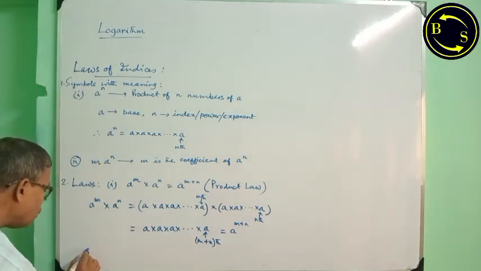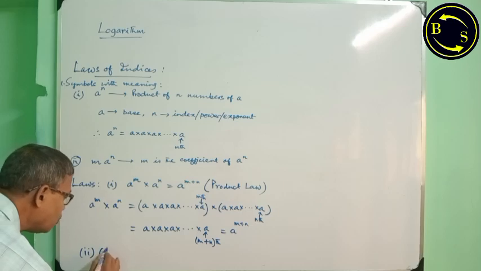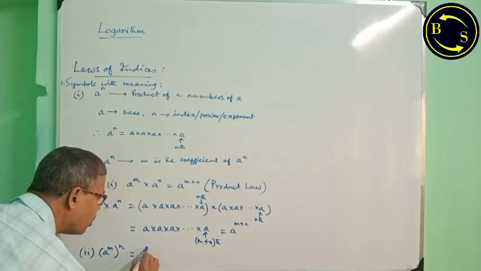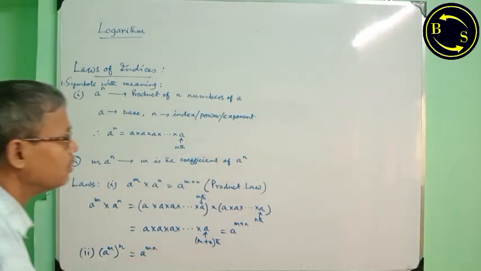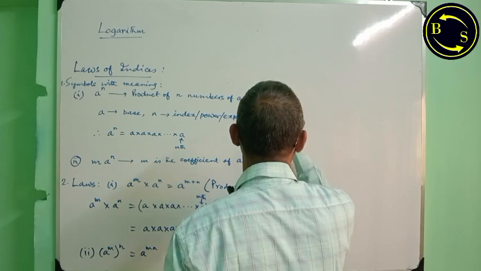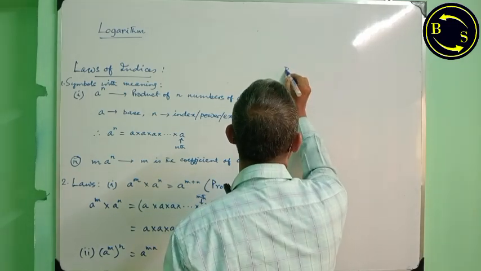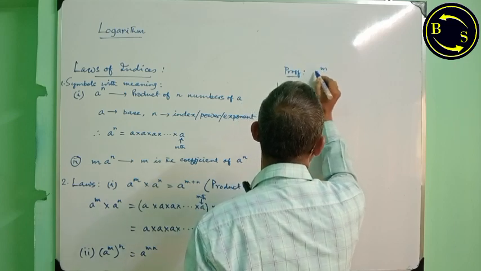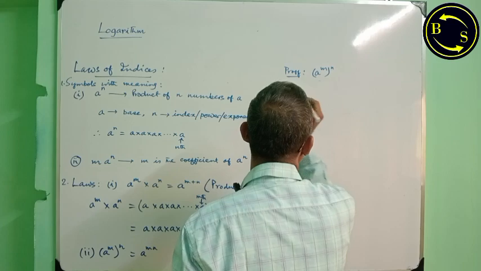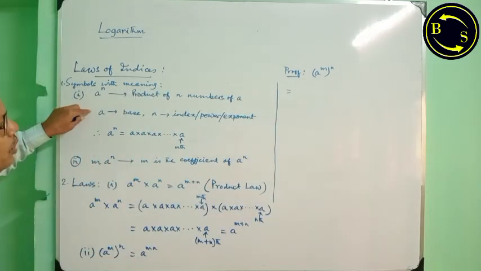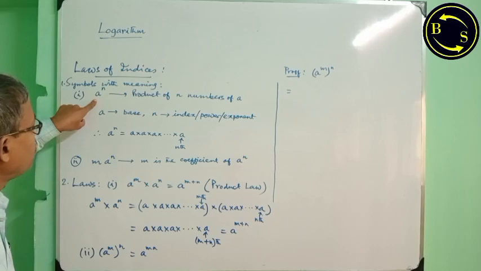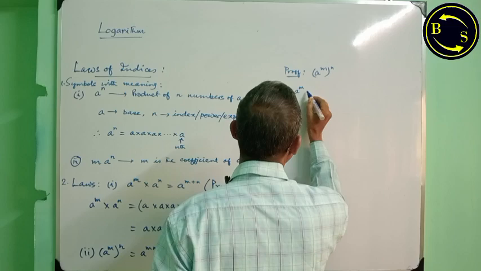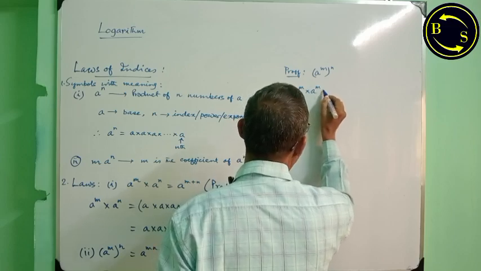Then number 2, a to the power m whole to the power n, that will be equal to a to the power mn. Now why? Proof. A to the power m whole to the power n. Already we know a to the power n means product of n number of a's. Therefore, it is product of n number of a to the power m.